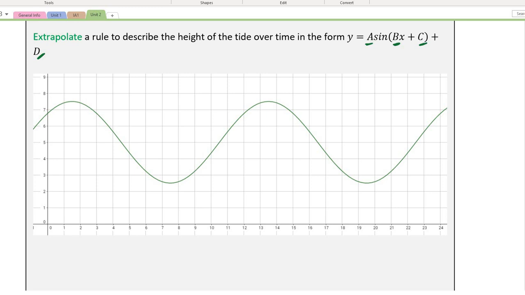How do we know that the median value is 5? Yeah, it's halfway through. And you can see visually, if I put a dashed line across at 5, the peaks and troughs are equally far above and below. So just visually, can you see that the median value of that function is 5 meters?